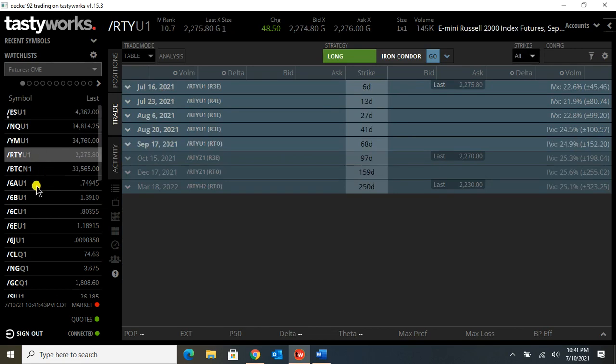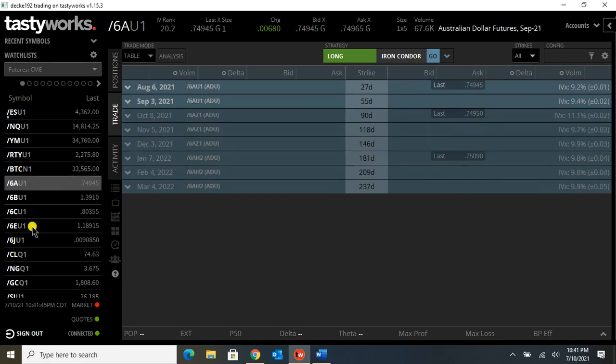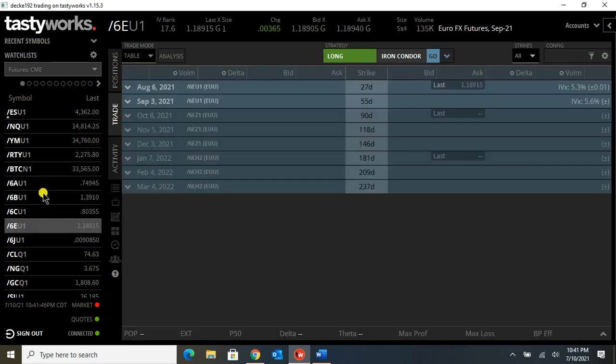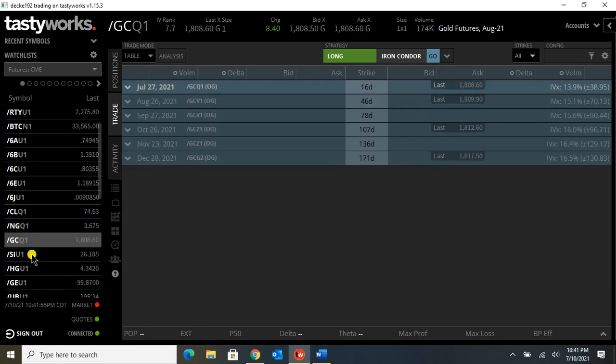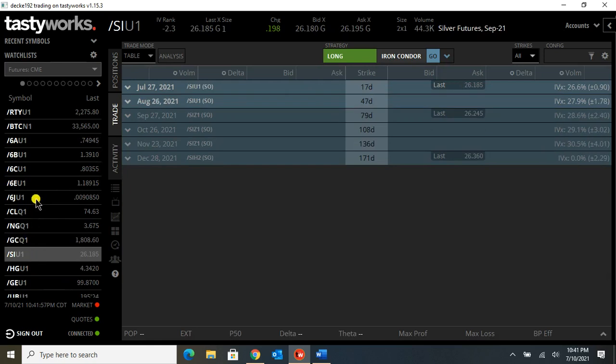Currencies such as the Aussie dollar, the euro, Canadian dollar, and the yen. Metals such as gold and silver, which are /GC and /SI. Commodities such as natural gas and crude oil, which I showed earlier.